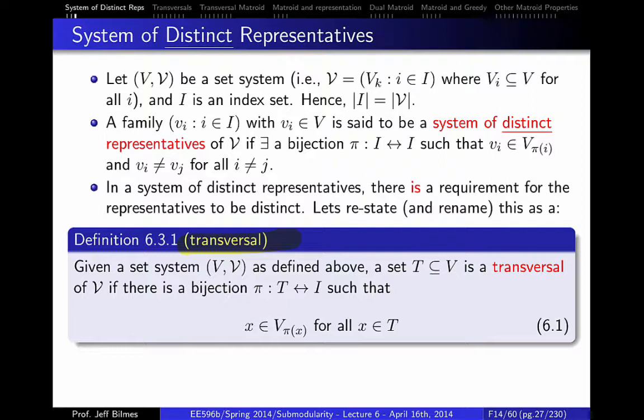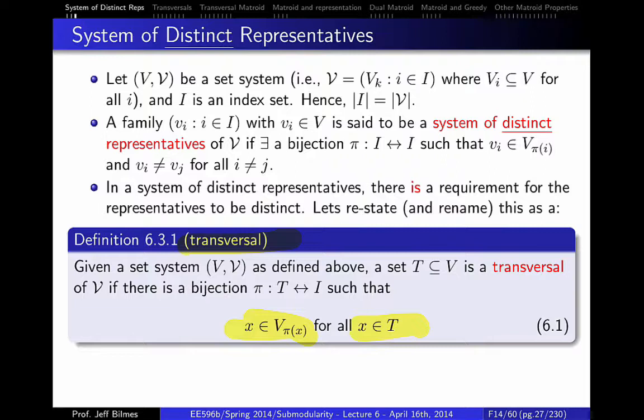A set system, as defined above, is a transversal if there's a bijection from T to I. Here in this particular case, T is the actual representatives themselves, not the index, and I is the index set. What this says is that for all members x of T, this maps to group V sub pi of x. So x maps to group V of pi of x.